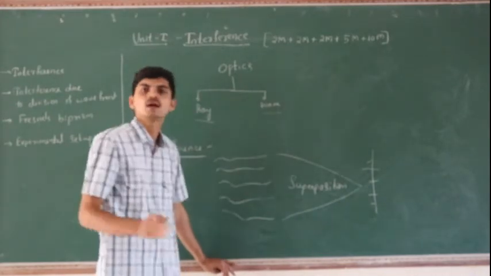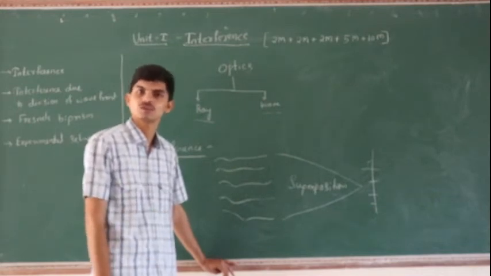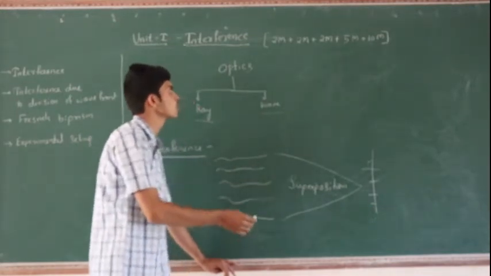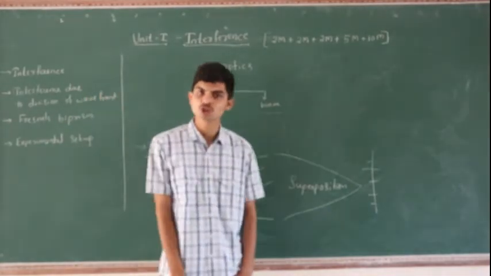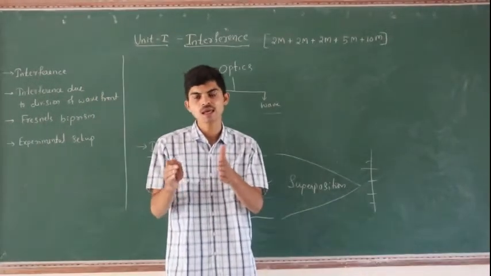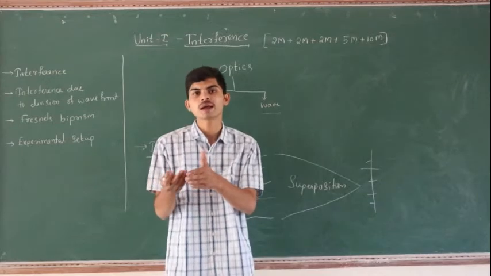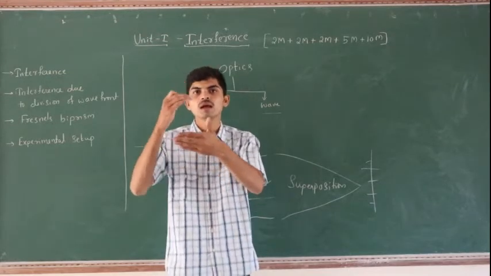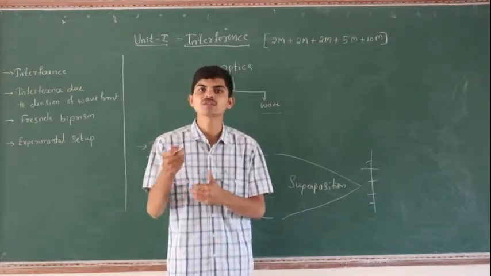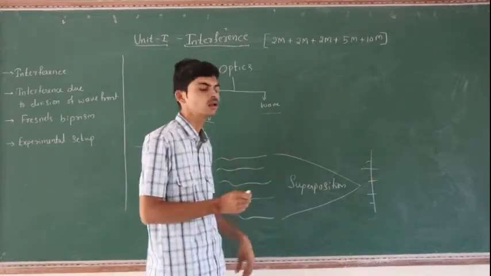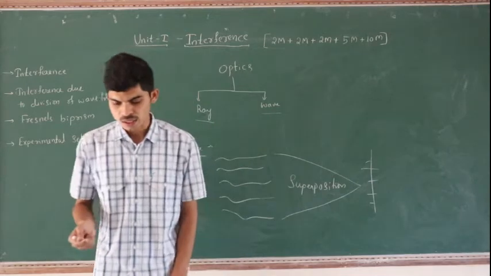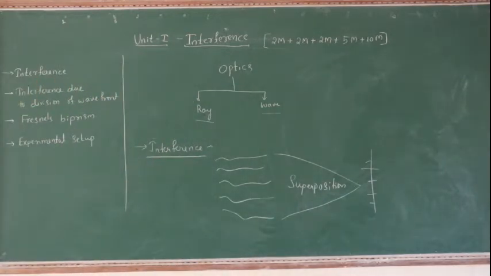What will we get? Dark or bright fringes. This phenomenon is called interference. The distribution of light energy will reunite and form the dark as well as bright fringes. This phenomenon is called interference.